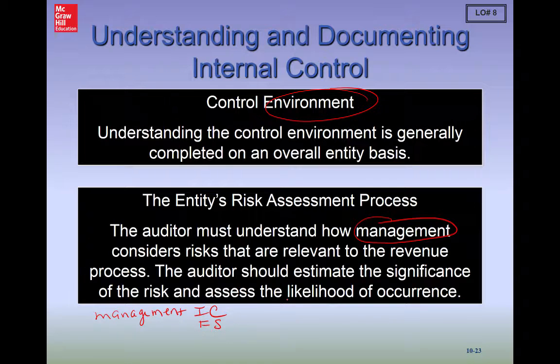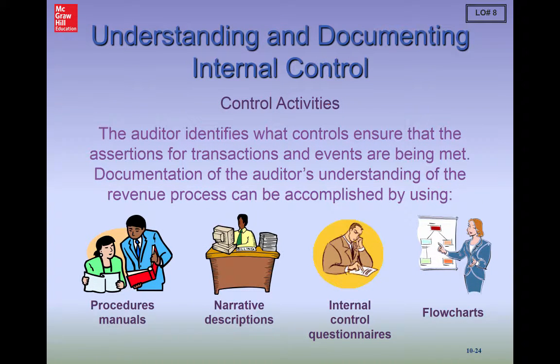And so basically, we as auditors have to ask management how risks relate to revenue, and use that in our determination of how we're going to say that there is a likelihood that maybe there could be some errors or misstatements.